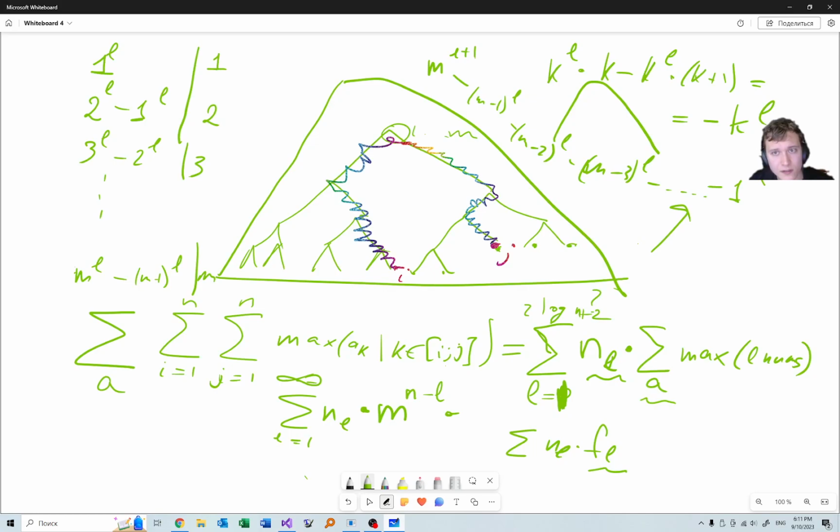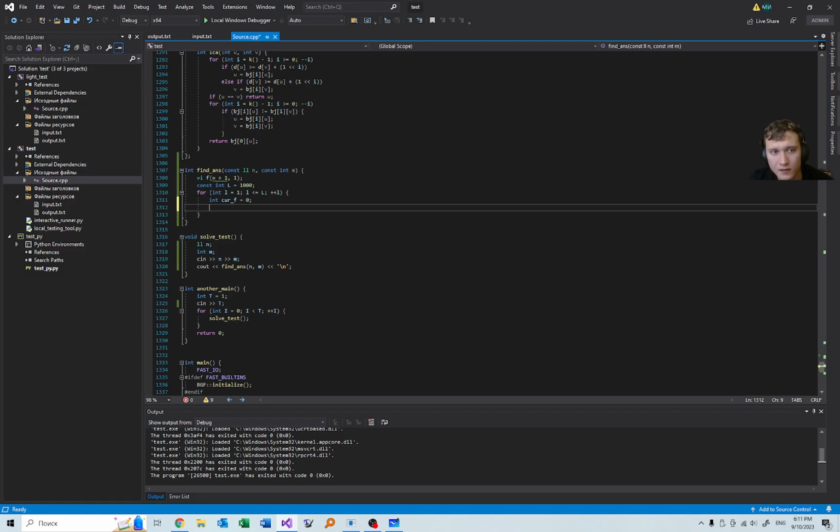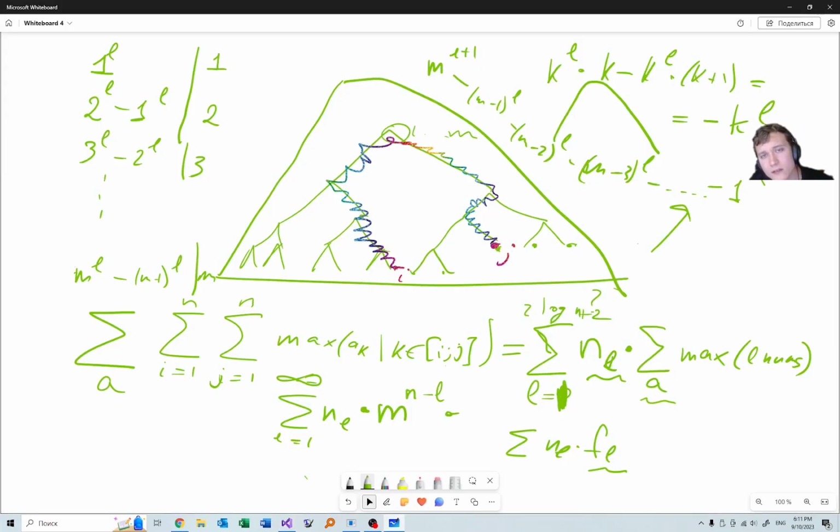So first of all, we need to multiply all these numbers by themselves. So for int I, int current F equals 0. Actually, I think we can start with M here and minus ones here.